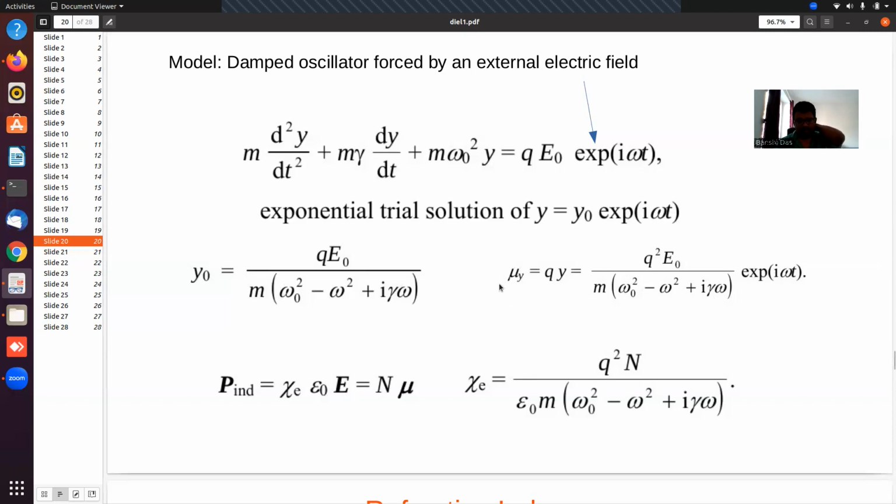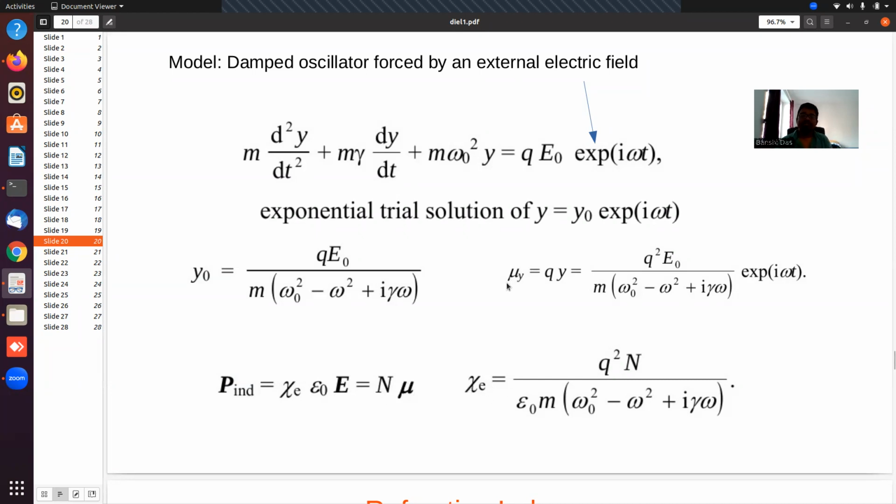So this is the mu, okay, and the induced polarization is the average mu, n mu. So from here we can get the susceptibility also.